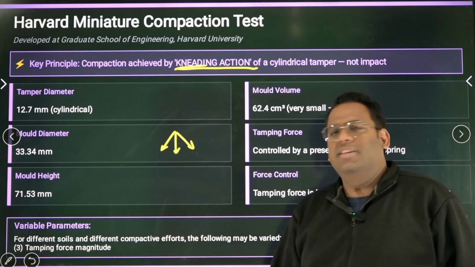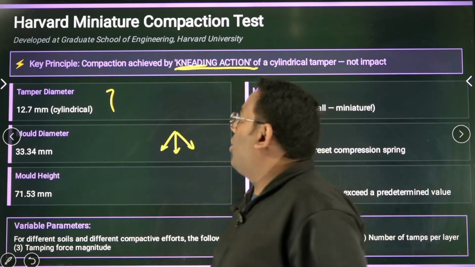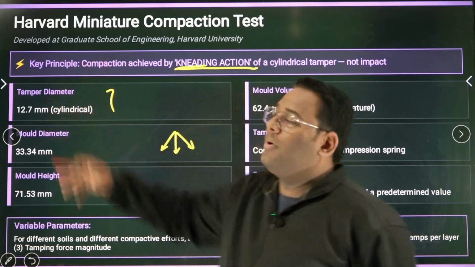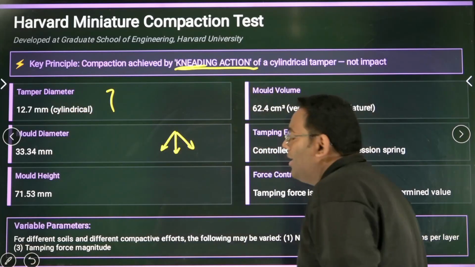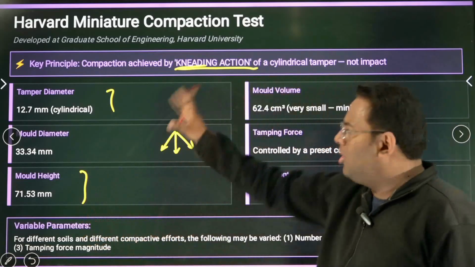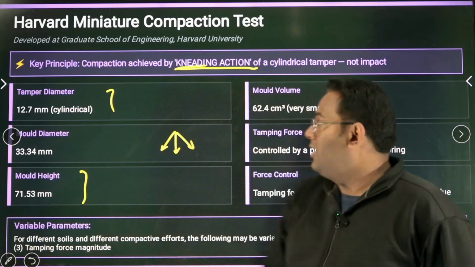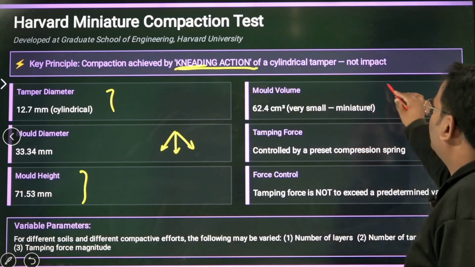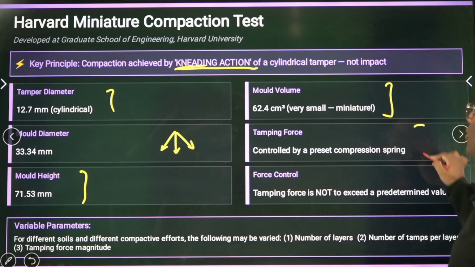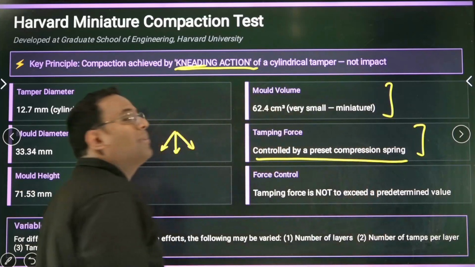Now if you see the dimensions, your mold is cylindrical, and the tamper diameter and mold height are also mentioned. But yes, you need not remember all these values. The important tests were the Proctor test and the modified Proctor test. Similarly, you can see here that the mold volume is changed again, and the tamping force is now provided by a controlled preset compression spring.